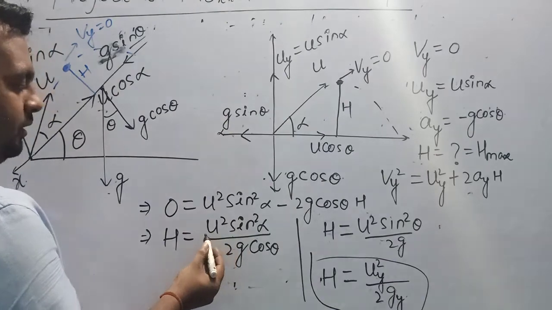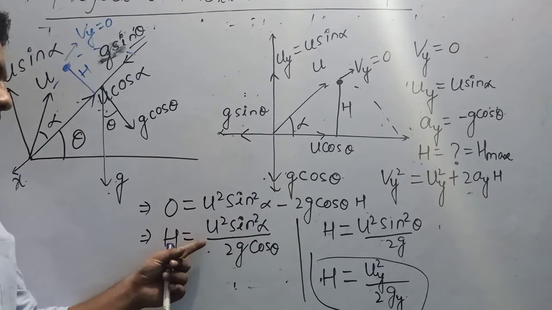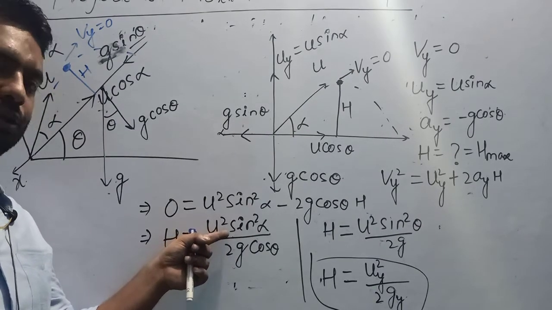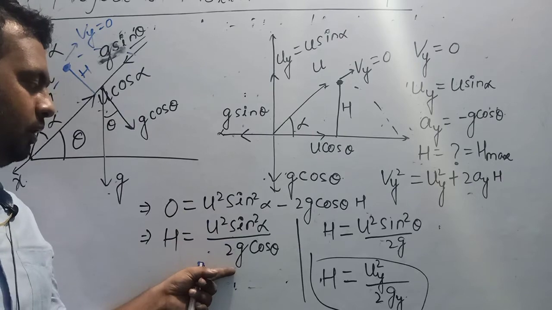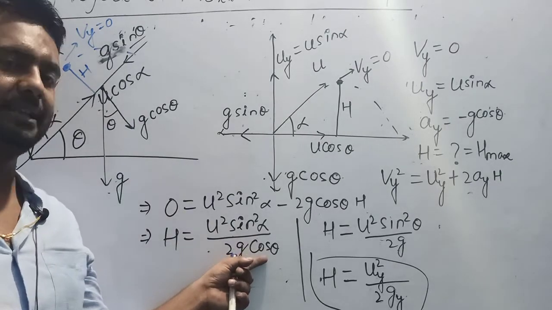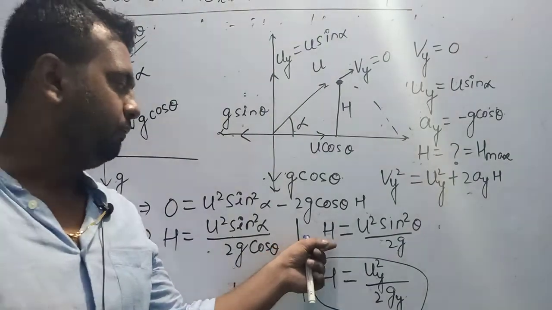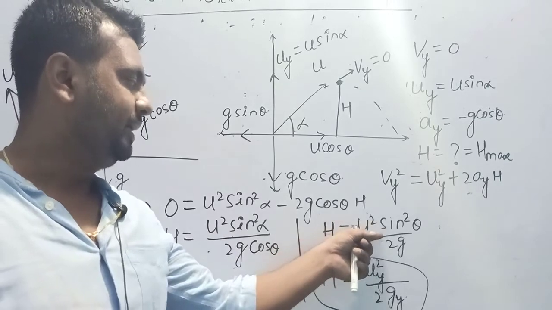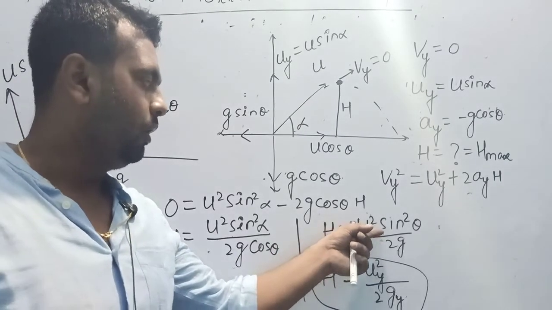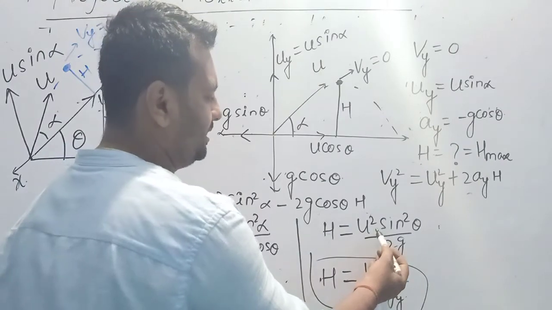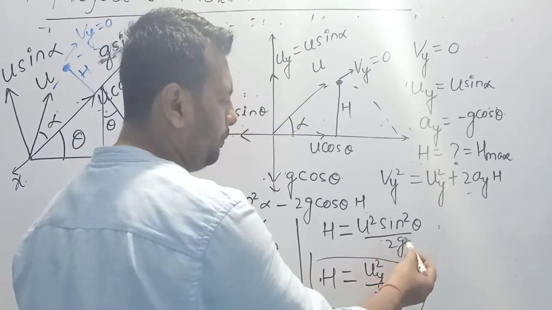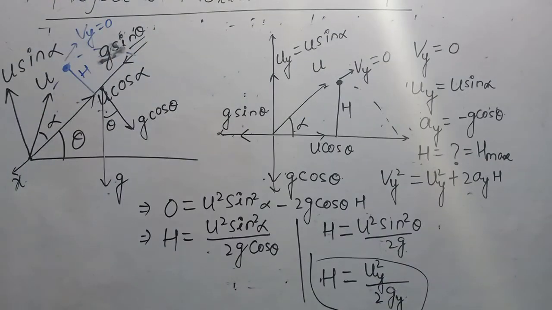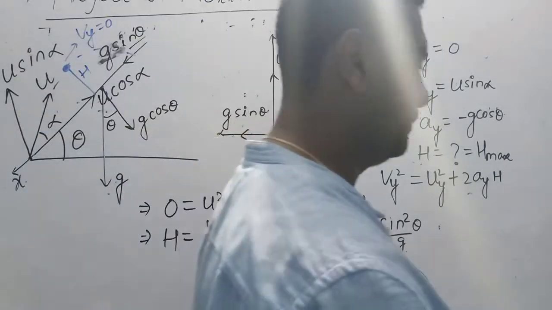For a projectile projected from down to top, the maximum height is the y component of initial velocity whole square upon 2 into the y component of acceleration due to gravity. For a projectile projected from the ground making some angle theta, it is also the same. So this was our maximum height.